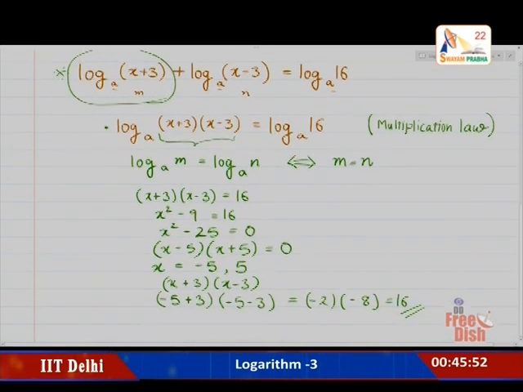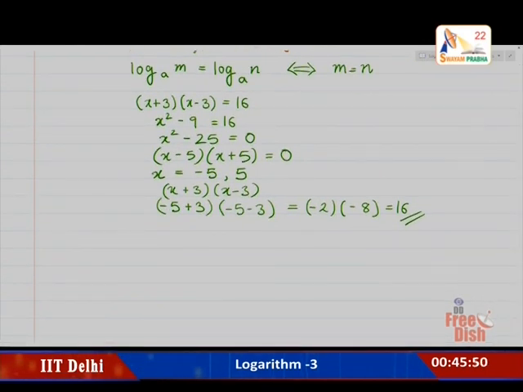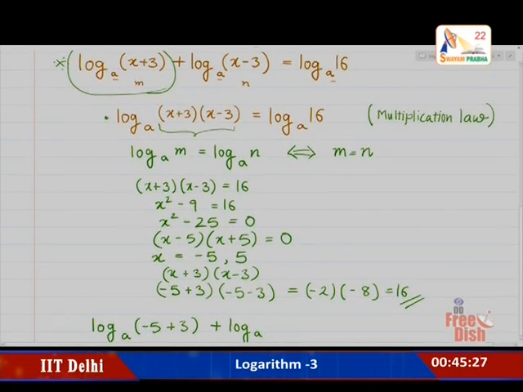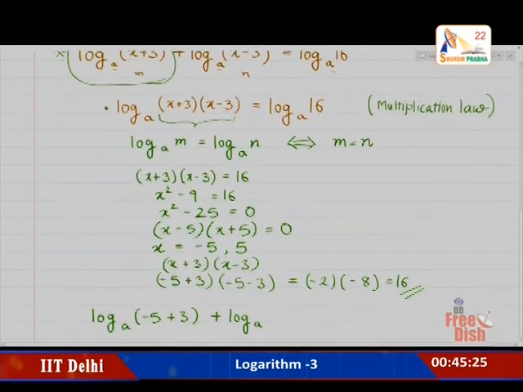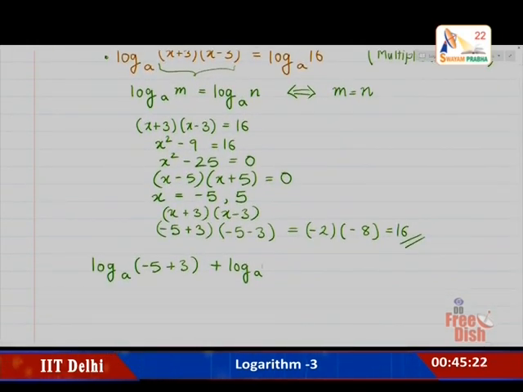Now if you are looking at this particular expression, then what will happen? Log to the base a of minus 5 plus 3, I am checking the first expression, plus log to the base a of x minus 3, so x plus 3 and this is x minus 3, which is minus 5 minus 3, right?